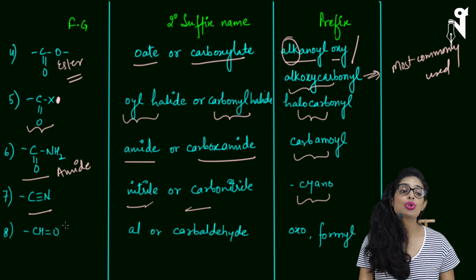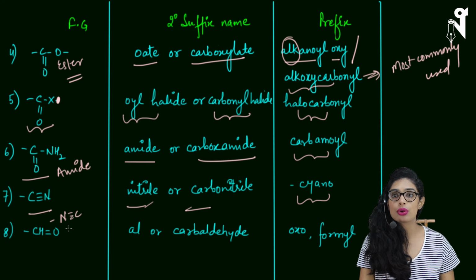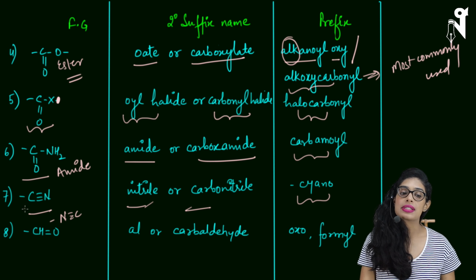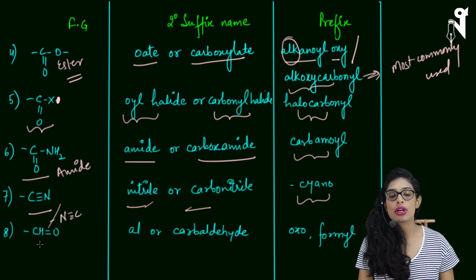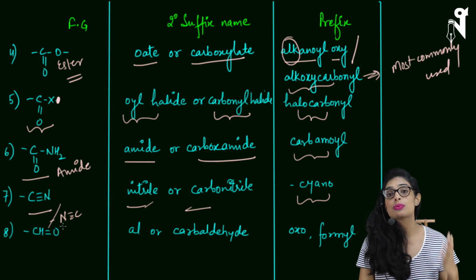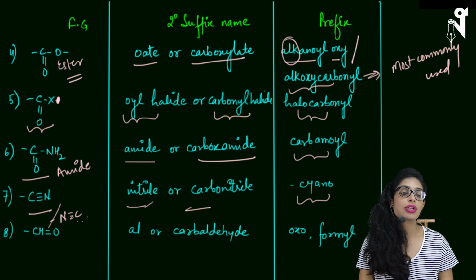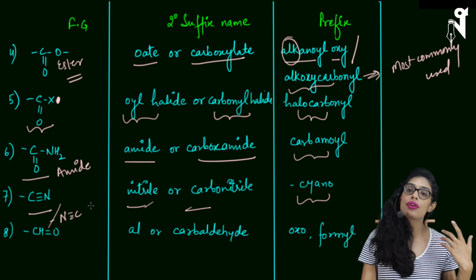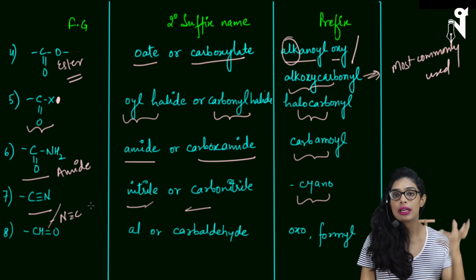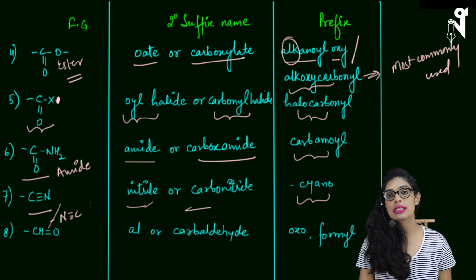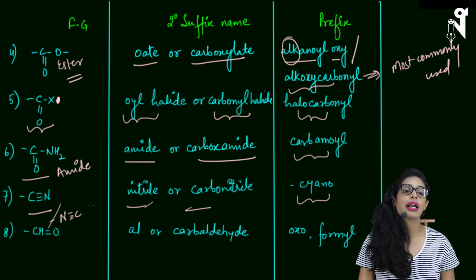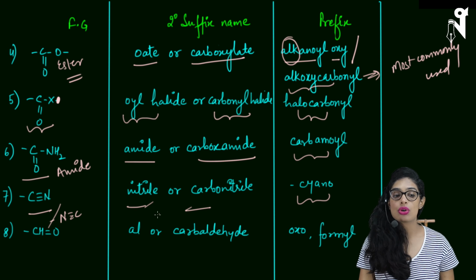Mind it, I had told you one more group, that is N triple bond C. This was the isocyanide group, and both groups, the nitrile group and the isonitrile or isocyanide group, have the same seniority order, and that is why I have not mentioned it in the list anywhere. Wherever C triple bond N is in the priority order, isocyanide is exactly at the same place, and the suffix name for isocyanide is isonitrile.